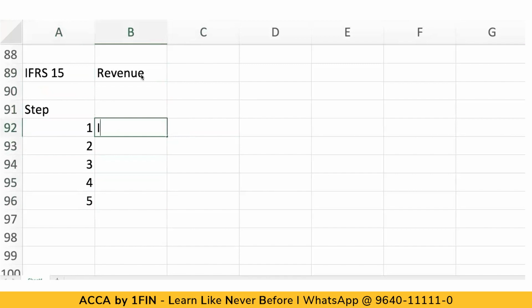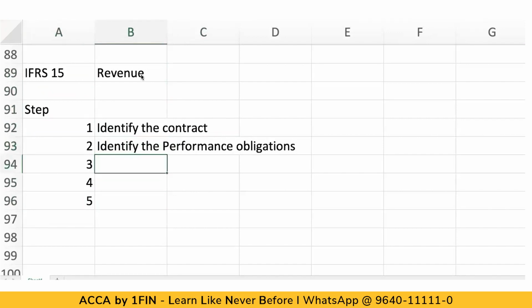In the 5-step process, the first step is to identify the contract. Then identify the performance obligations. What are performance obligations? Performance obligations are nothing but promises, whether to deliver goods, provide services, construct a building, whatever it is. What is promised by the supplier to the customer? That is the second step. The first one, identify the contract.